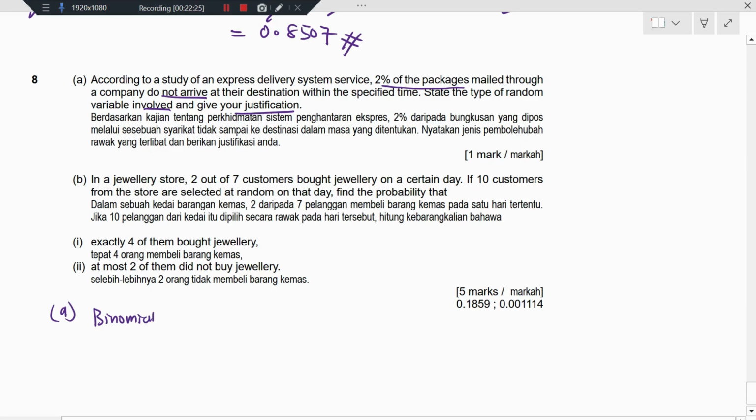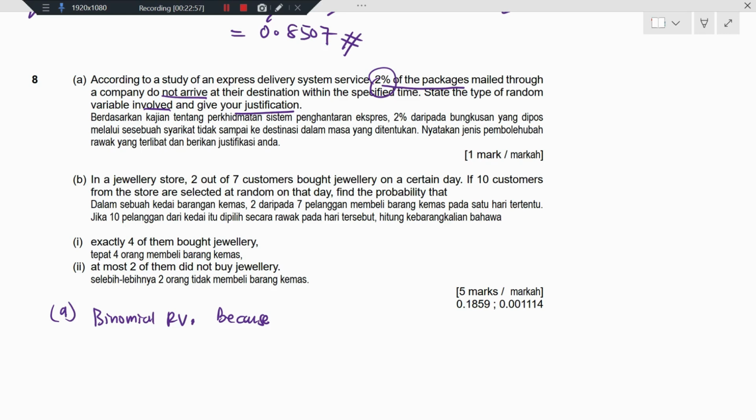How to know whether it's a binomial random variable or not? Okay, you see, you got only 2 outcomes. That is, either it arrives or does not arrive. Things like that will tell us it's a binomial random variable. Okay, and they give you the percentage like this. Another thing, this is countable.